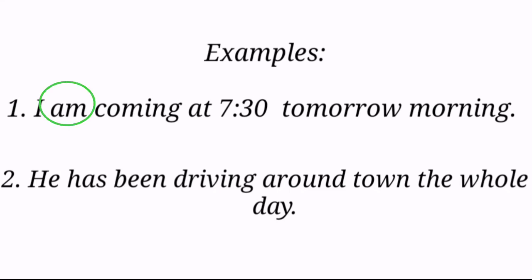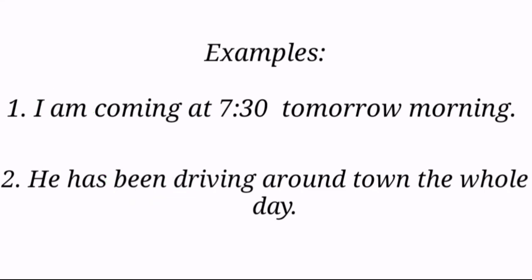Okay, the next one. He has been driving around town the whole day. Where is the verb? Been. Verb to be, been.